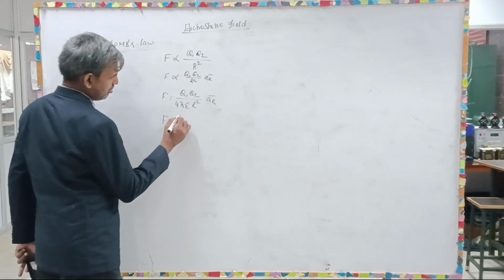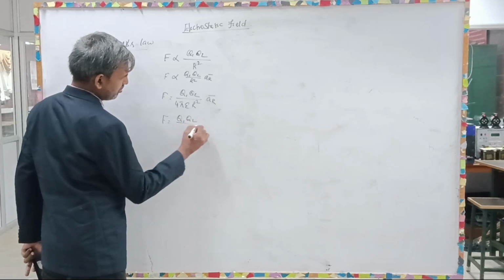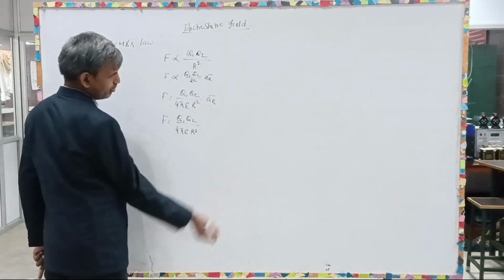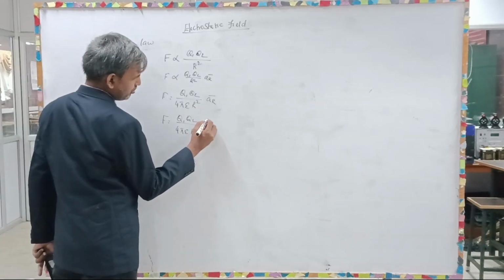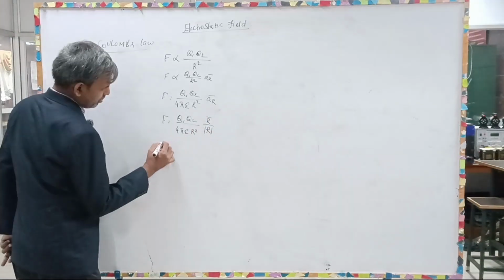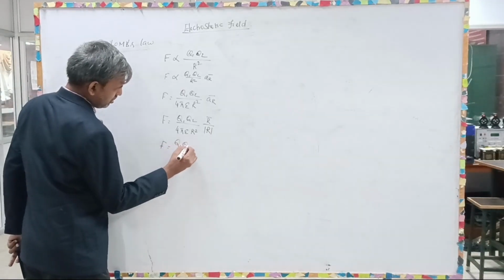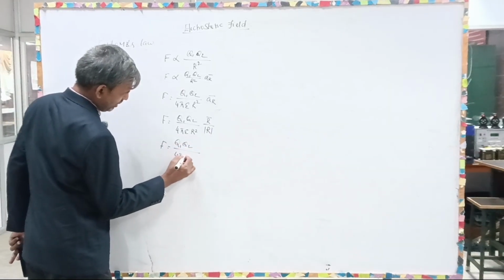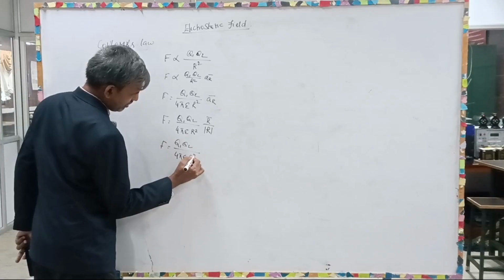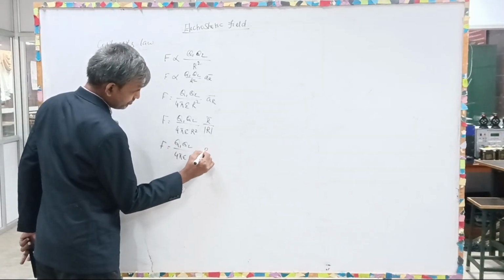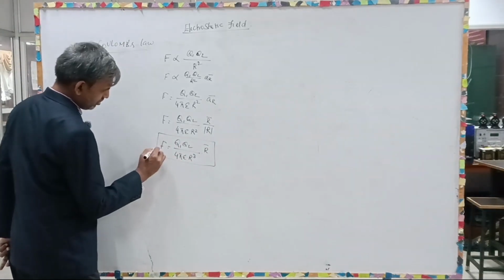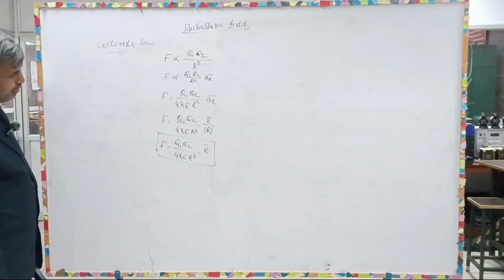The unit vector AR is the R vector divided by modulus of R. So F is equal to Q1 Q2 divided by 4 pi epsilon into R square, and this will be R, so we have R cubed into the R vector. So this is the force found in vector form.